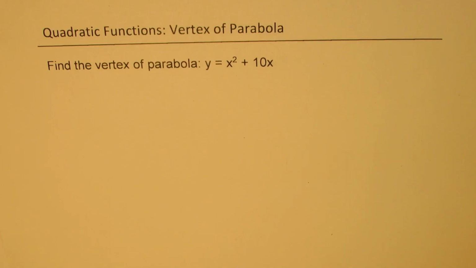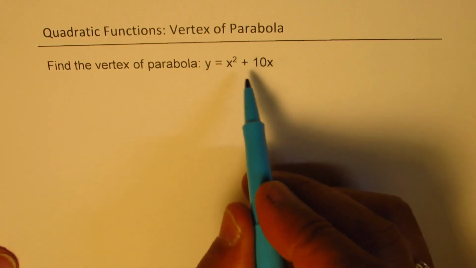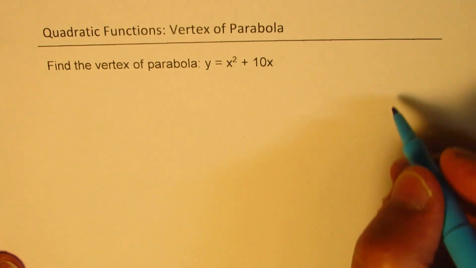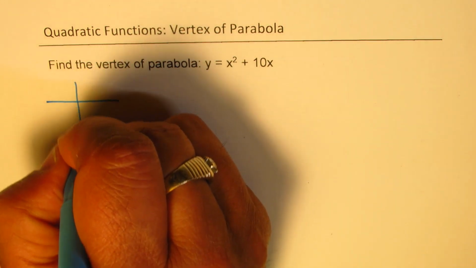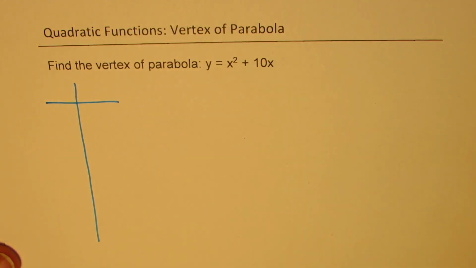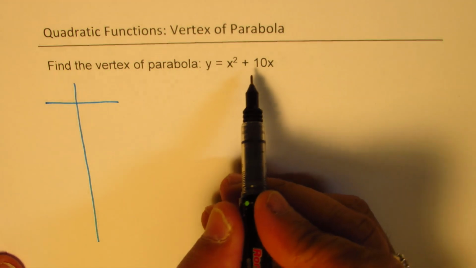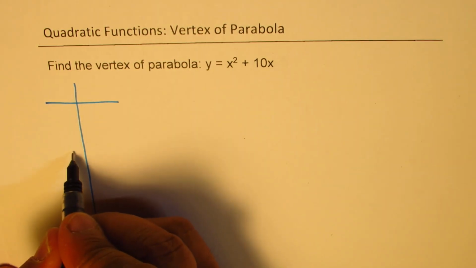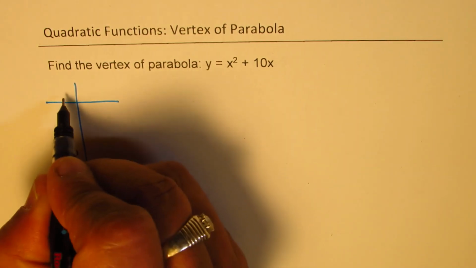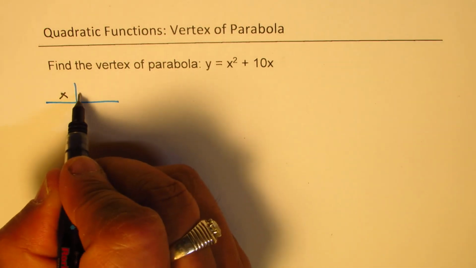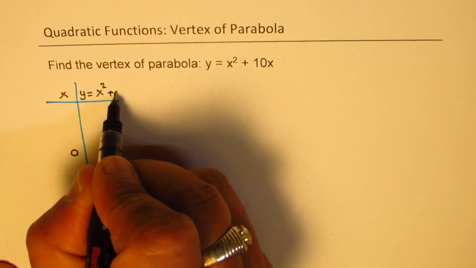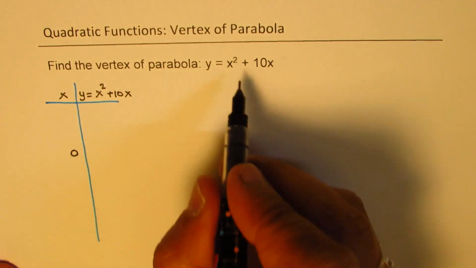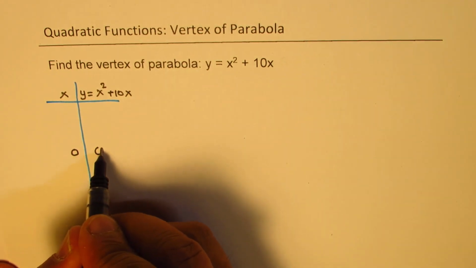The very first one here is y equals x squared plus 10x. So we have decided to utilize graphing techniques to find the solution, right? If I substitute 0, 0 is always a good value to substitute, then at 0, we get the value 0, right?